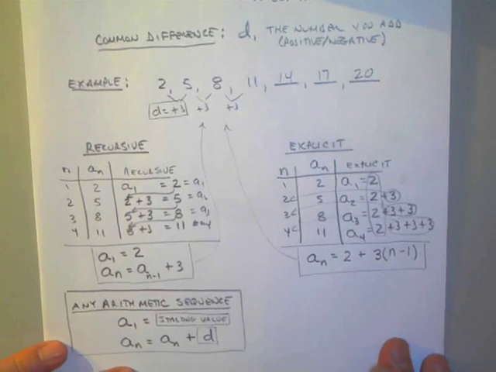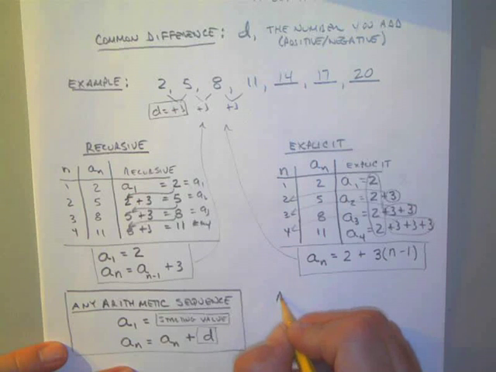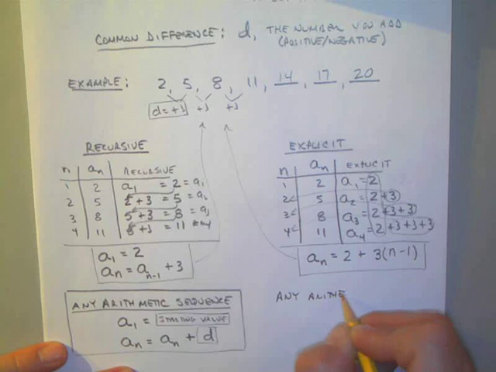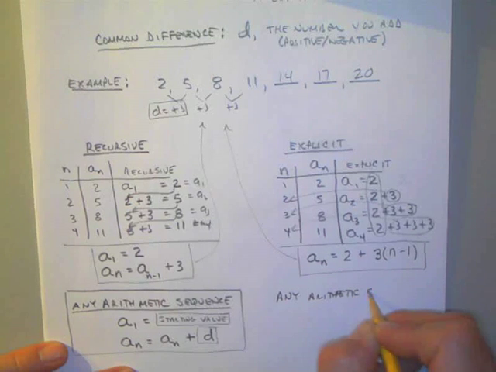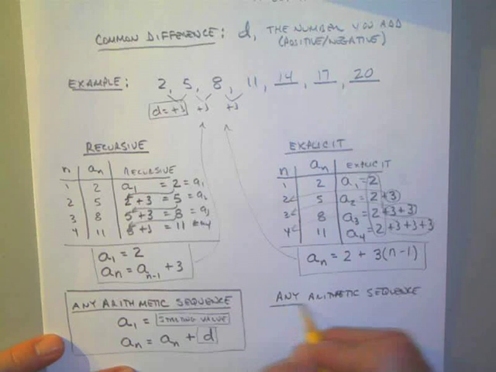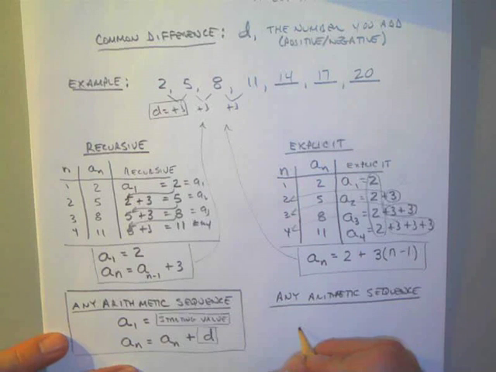Now let's write the explicit formula for any arithmetic sequence. We'll see if we can generalize it. Well, let's see.